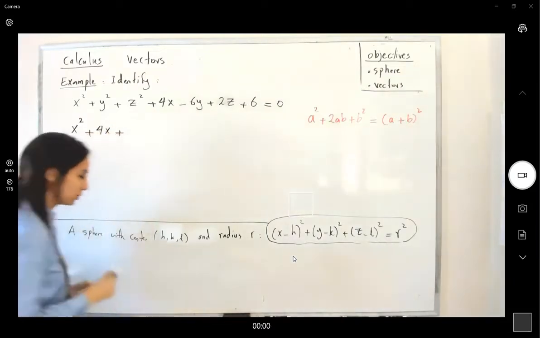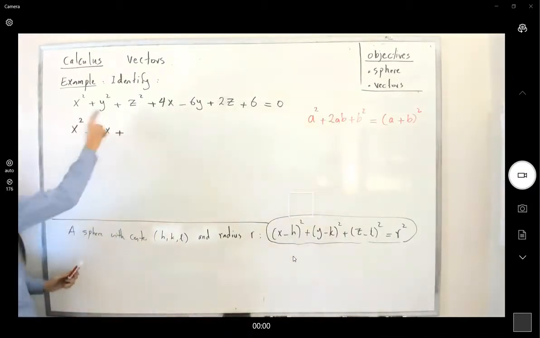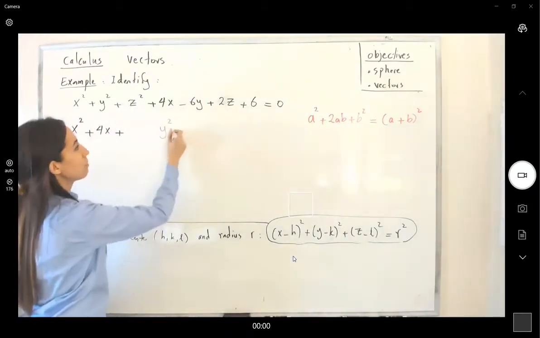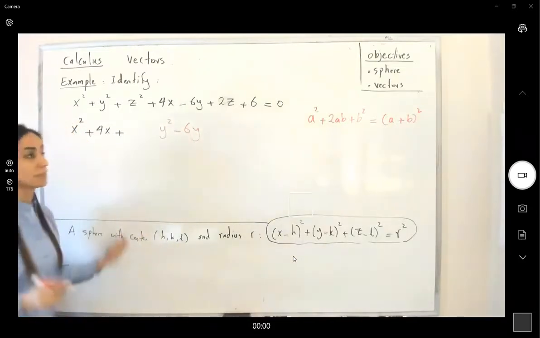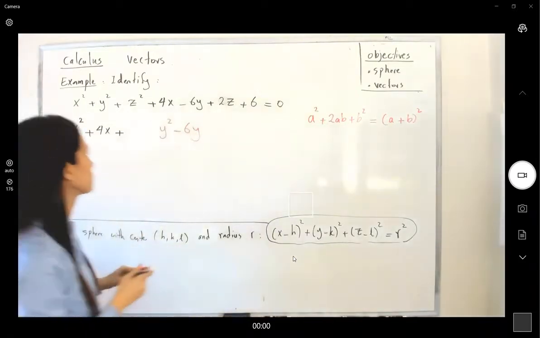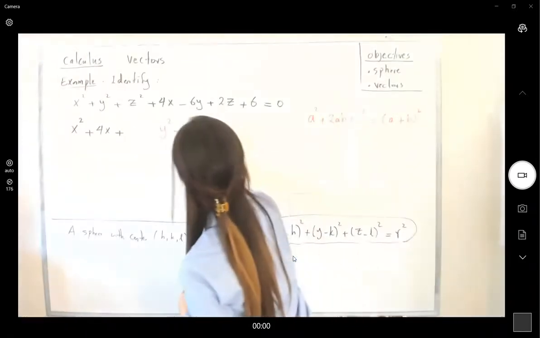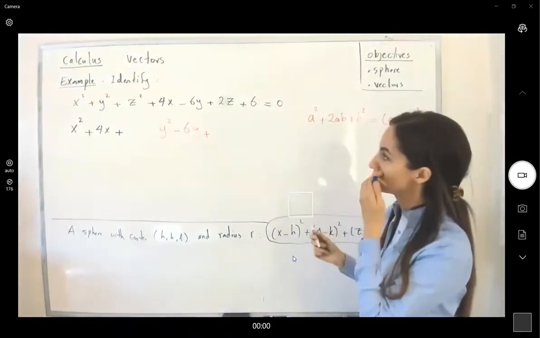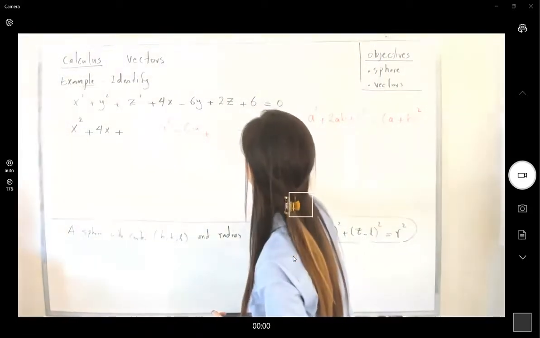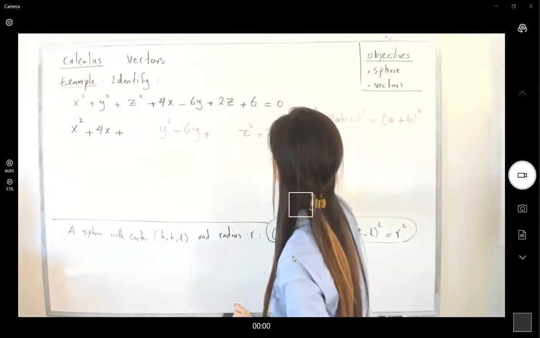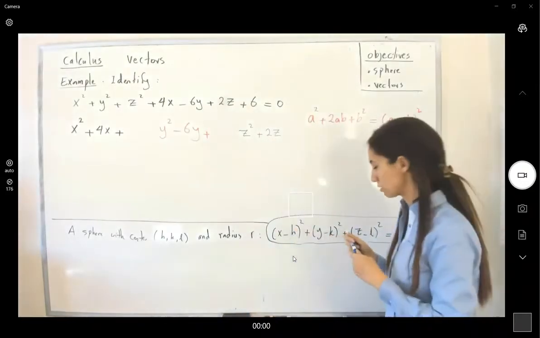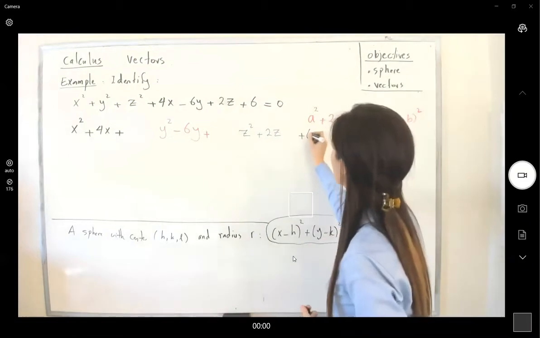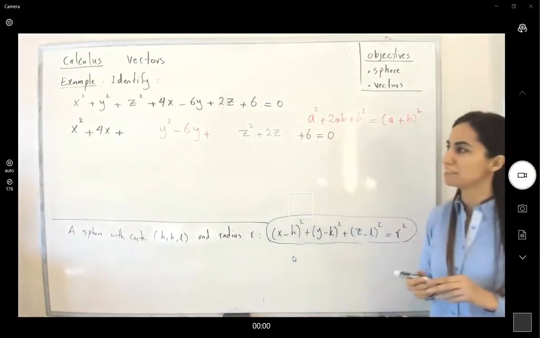Then I'm going to group y terms, y squared minus 6y. Then I'm going to group z terms. So for z terms, let's use blue. Here we have z squared plus 2z, and you have a constant. So let's write down the constant here, plus 6 equal to 0.